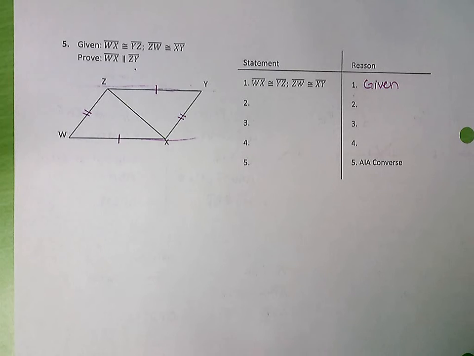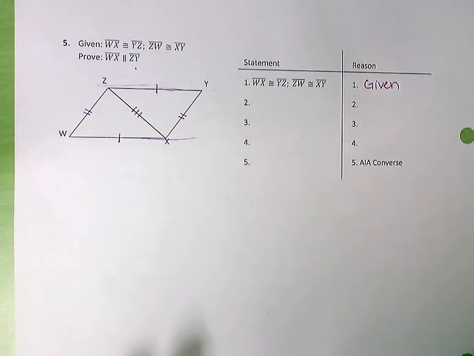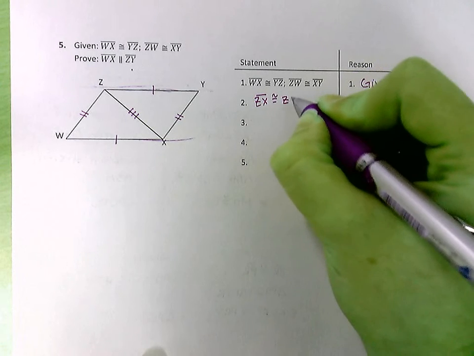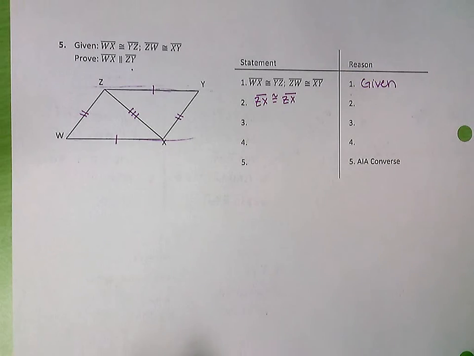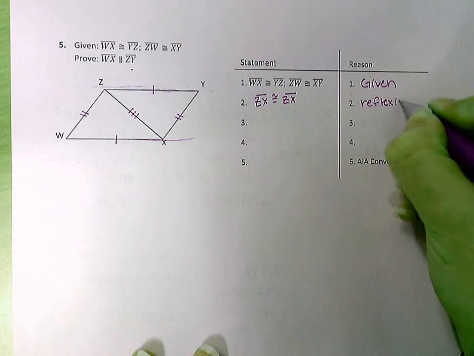ZX is equal to ZX. Because I'm trying to first prove those triangles congruent. So this is by the reflexive property.